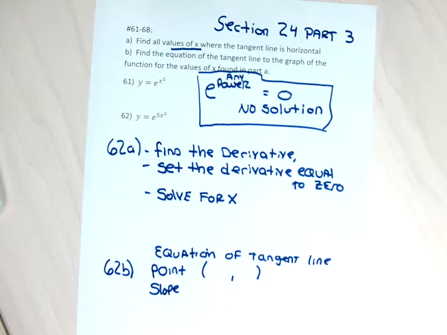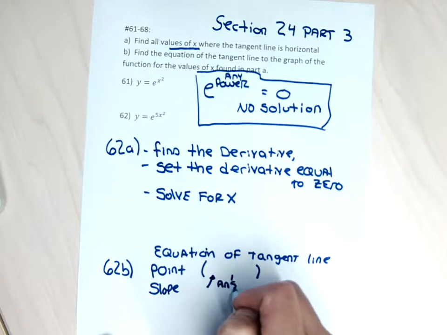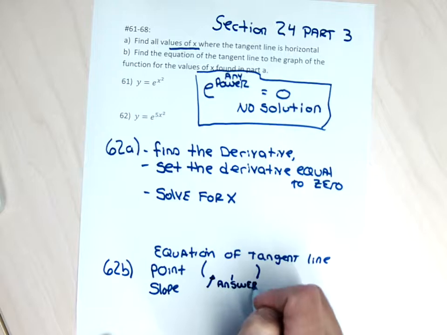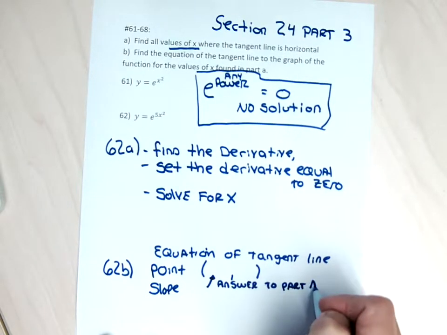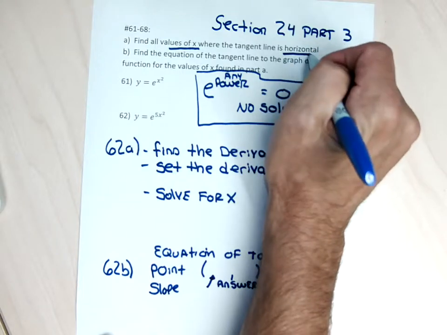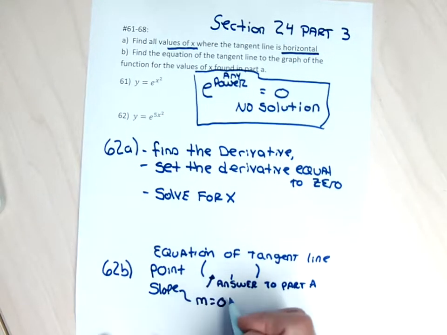So I'm going to do part A, and the answer to part A is going to be the x coordinate of my point. Because I'm finding a horizontal line, the slope of my line is going to be 0.